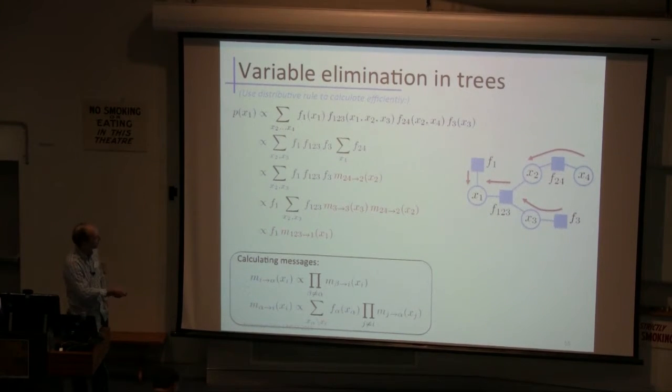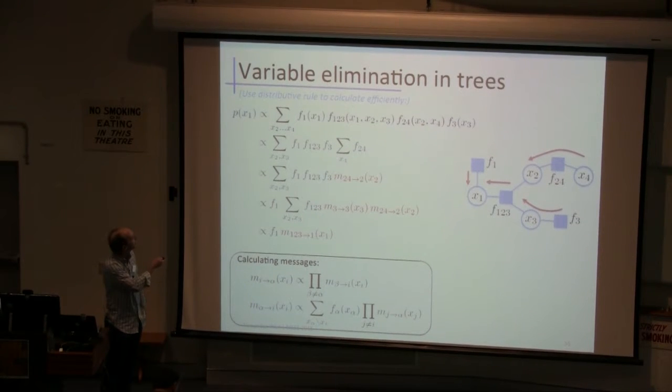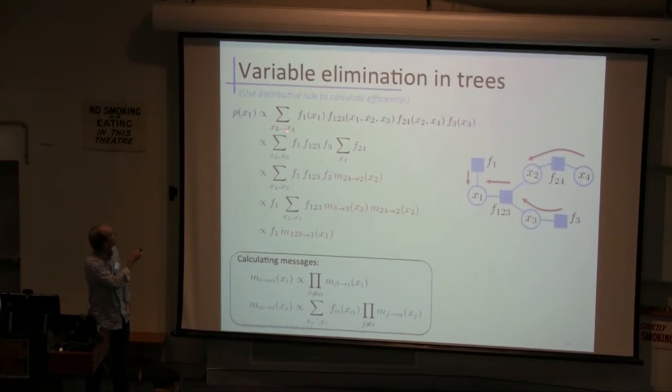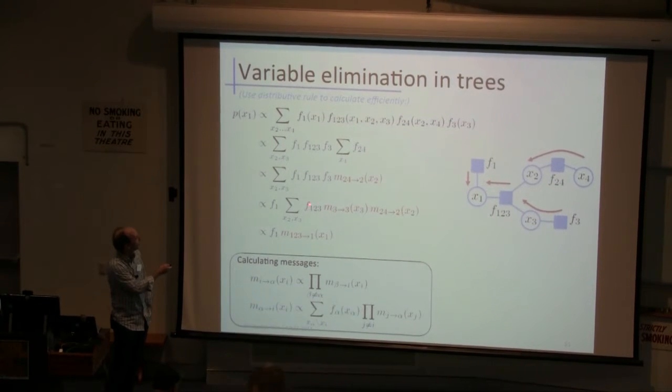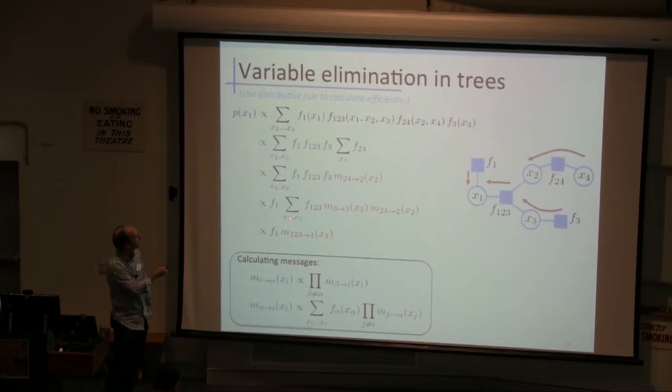So you can verify that this message update scheme is exactly the variable elimination form that we get from just eliminating sequentially. For example, here, to get a function over x1, I eliminate over x alpha, 1, 2, 3, not including x1, of the product of the incoming messages into that.